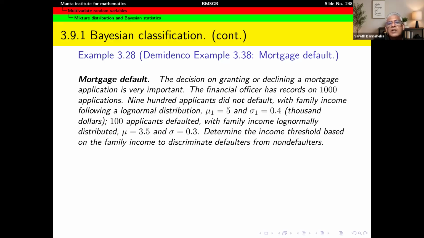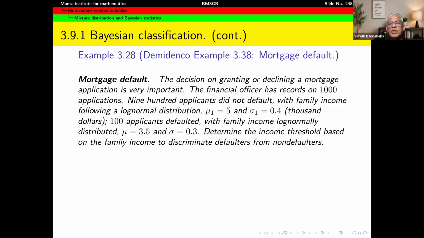The decision on granting or declining a mortgage application is very important. The financial officer has records on 1,000 previous applications. 900 applications did not default, so they have been given the mortgage, and they are paying their mortgage on time and so on.